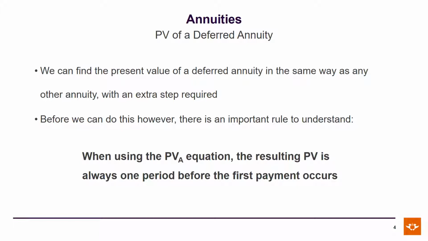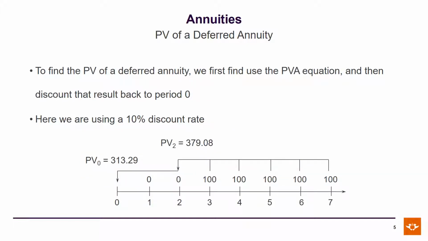So if the first payment occurs at time 2 and we find the present value, that present value is actually for time period 1. So in finding the present value of a deferred annuity, we will first use the present value equation, and then the result of that we will discount back to period 0.